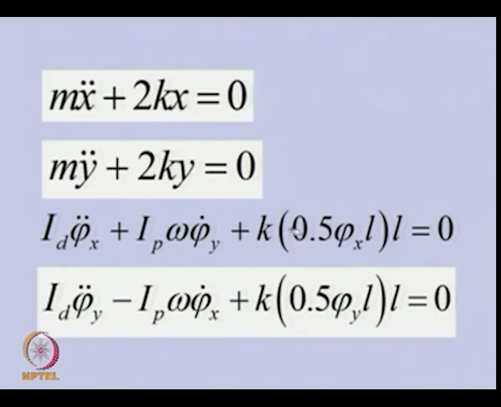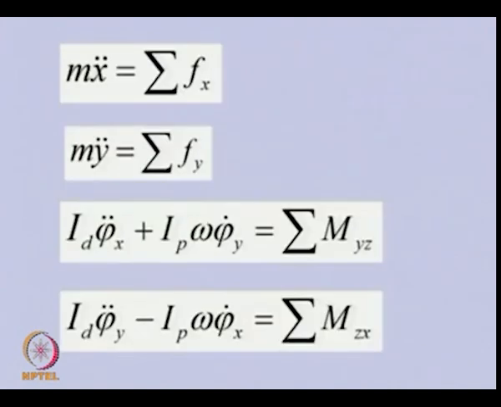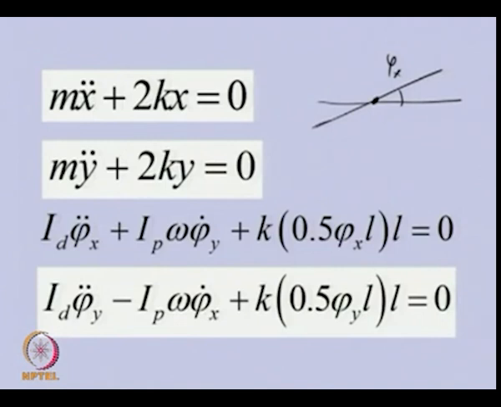The moment from the two bearings we can get from this: if you see tilting of the disk, let us say it is tilting about the center of gravity, and this is phi x, and the total length as we have seen here is L. The compression or extension of the spring will be L by 2 times phi x, and because of this, K into this much will be the force exerted here.